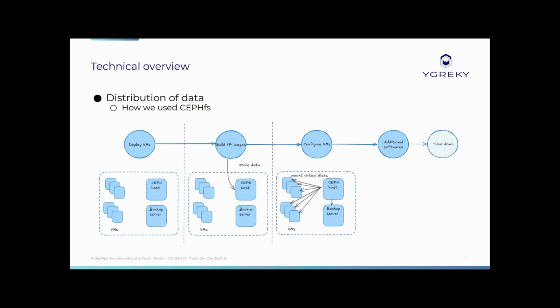So in practice, it meant deploying an additional machine to host a Ceph cluster, allocating disk space for storage, transferring our data onto this space, and replicating the storage as virtual disks mounted on each student's virtual machine. This way, they could access data from their own environment.